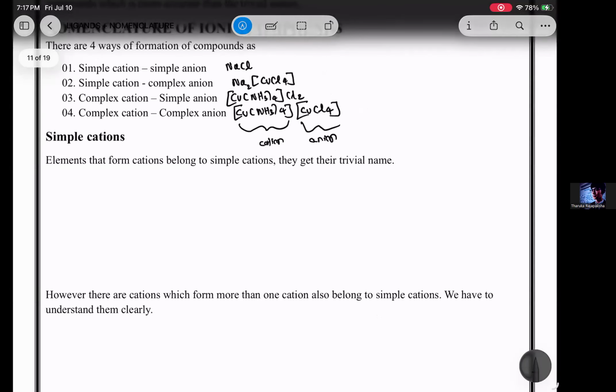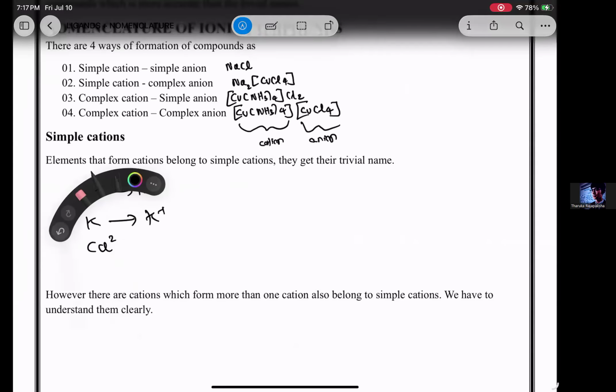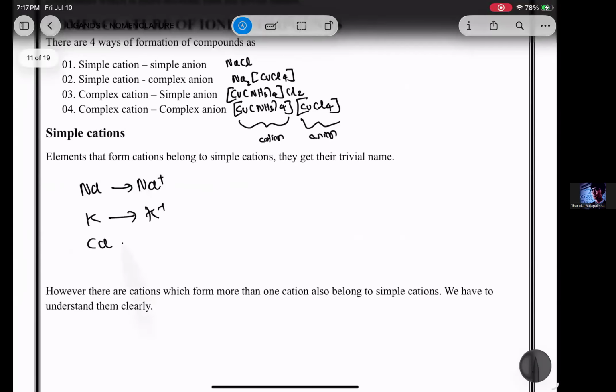Now elements that form cations belong to simple cations and they get their trivial name. For example, you have sodium, which forms the sodium plus cation, and there is potassium, so it gets the normal name that it has. There is calcium, calcium 2 plus.